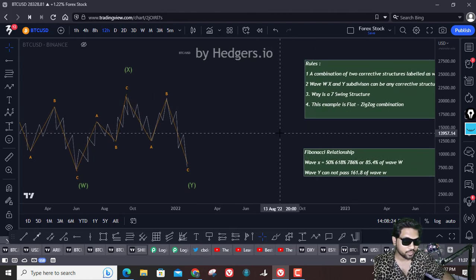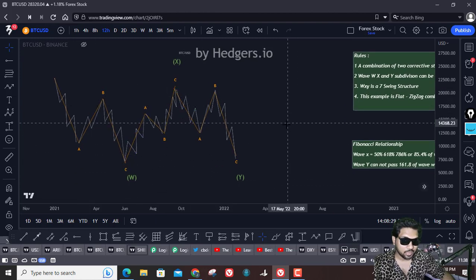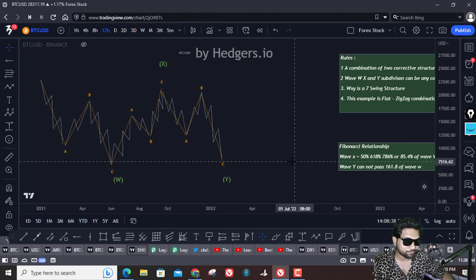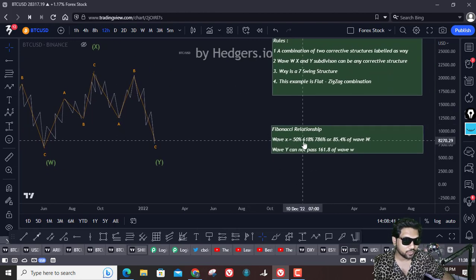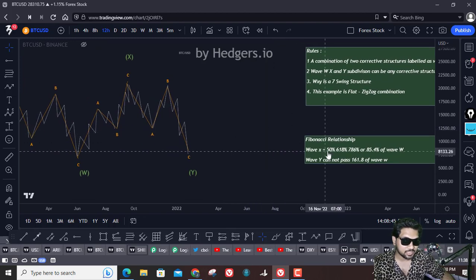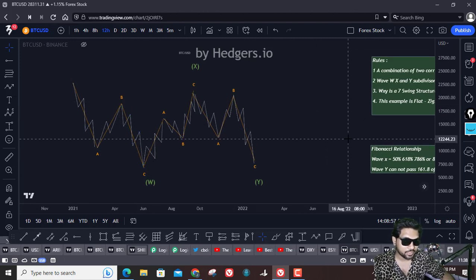The fourth rule is about the combination. This example is a flat zigzag combination. Right now I'm working on a flat, but it can be a normal ABC zigzag or a double zigzag. Right now it is based on the flat. And the Fibonacci relationship is pretty simple: wave X is equal to 50%, 61.8%, 78.6% or 88.6% of wave W. This is the wave W. I'm going to teach you how.